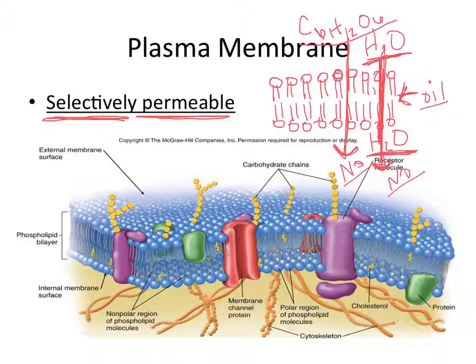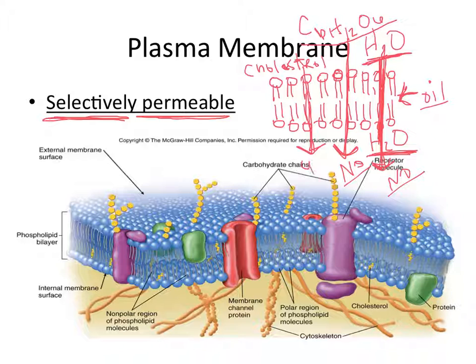Now, how about things that are hydrophobic? Let's say I had another lipid over here, a fat or cholesterol that's trying to get in. So I'll just write cholesterol. I know my handwriting's pretty bad. That's an E. Cholesterol. Okay. Can cholesterol pass through the plasma membrane?